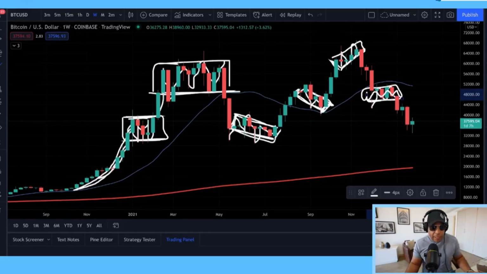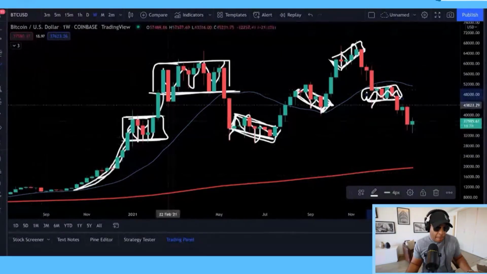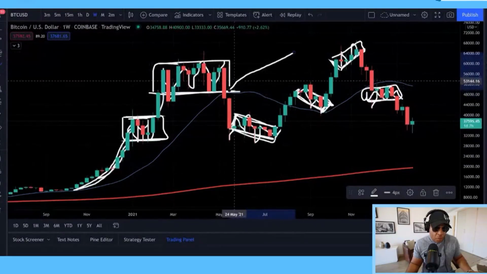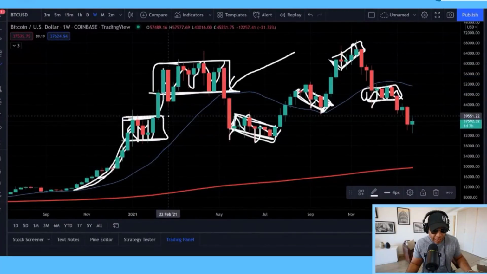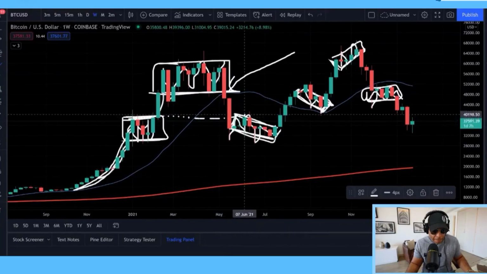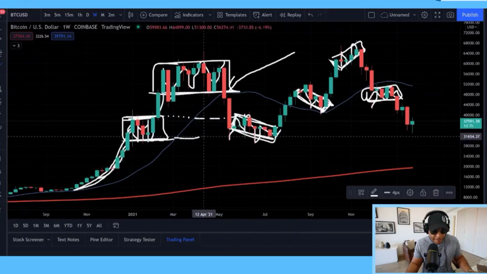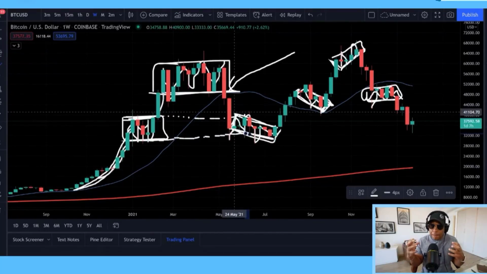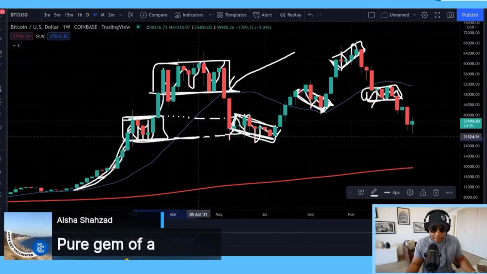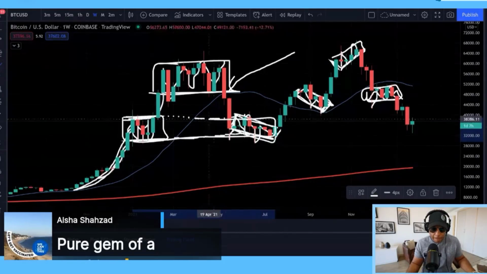So when we broke through this congestion area, boom, we had this congestion area to look at as an area that Bitcoin might try to find some stability in. And if we look carefully, boom, it did.